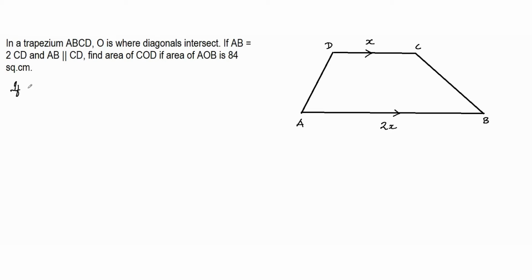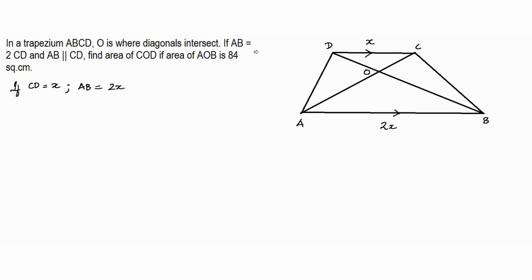So I can say that if CD is equal to X, then AB is 2 times X and O is where the diagonals intersect. So let us draw the diagonals. These DB and CA are the diagonals and O is where the diagonals intersect.